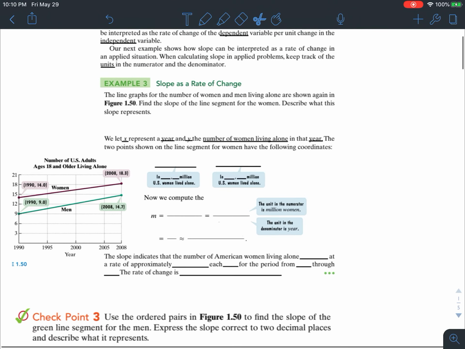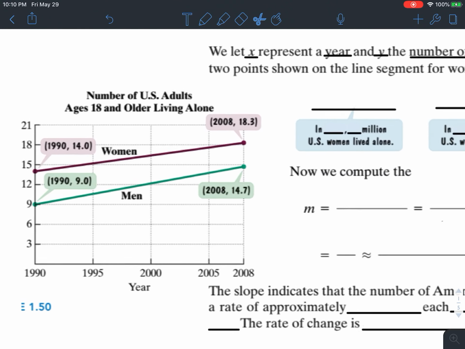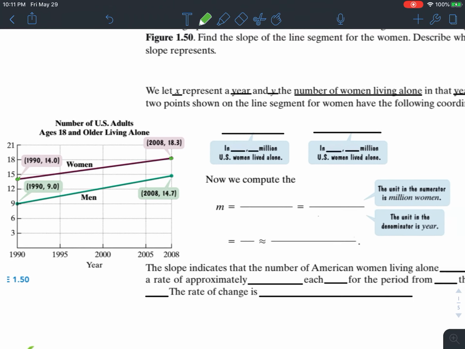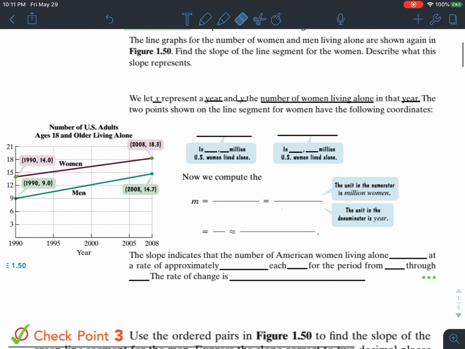Okay, so what we're going to do is look at this line that talks about the women who live alone, and we're going to pick 2 points off of that line, and they already gave them to us here. So we have this point and this point. That's what we're going to use to base our rate of change off of. So 1990, 14.